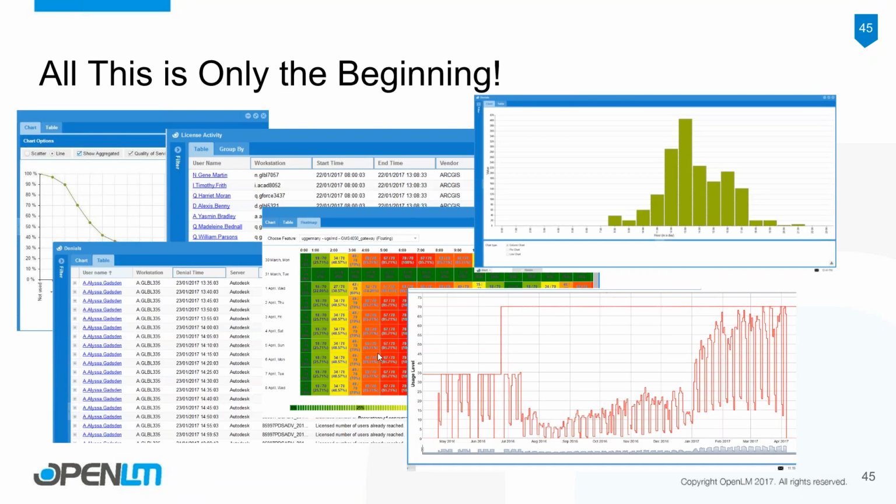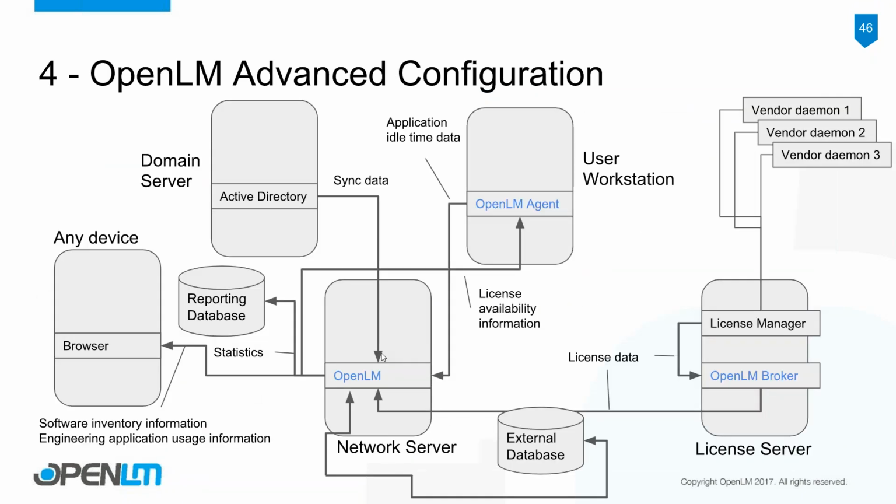But this is only the beginning, as today we looked at OpenLM core functionality. Now, this is what will give you the fastest return on your investment, but OpenLM has the OpenLM advanced configuration, for when you've realized the power of OpenLM's core functionality and you think that you can go further.